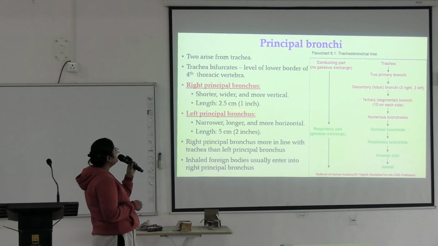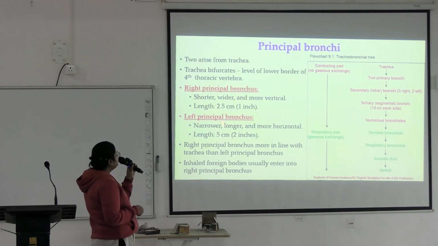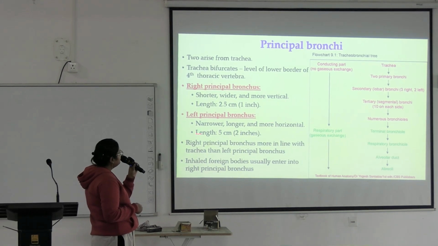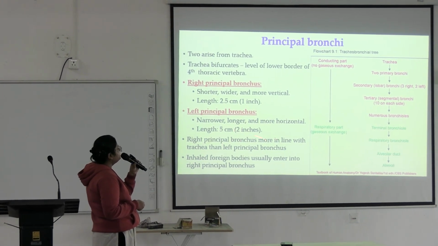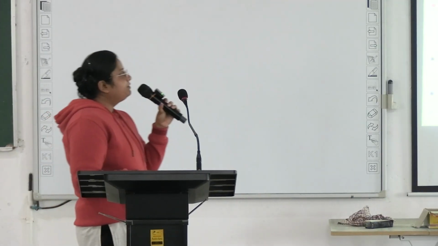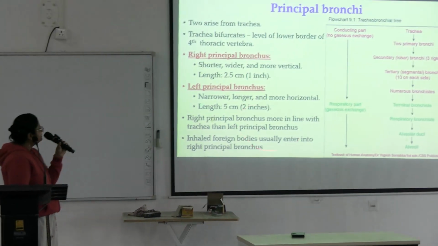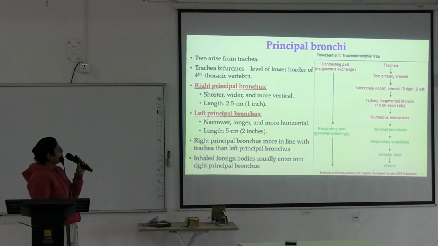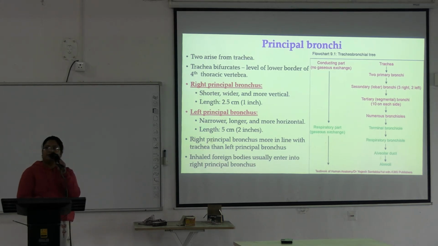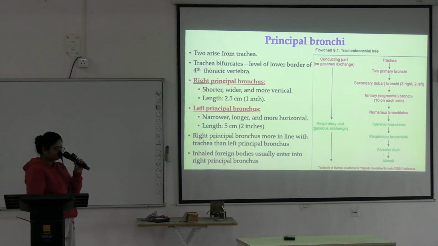Length is about 2.5 centimeter or 1 inch. The left principal bronchus is narrower, longer and more horizontal, and its length is about 5 centimeter, that is 2 inches. So the right principal bronchus is more in line with the trachea than the left. That's why inhaled foreign bodies usually enter into the right principal bronchus. This comes as an explain why question.